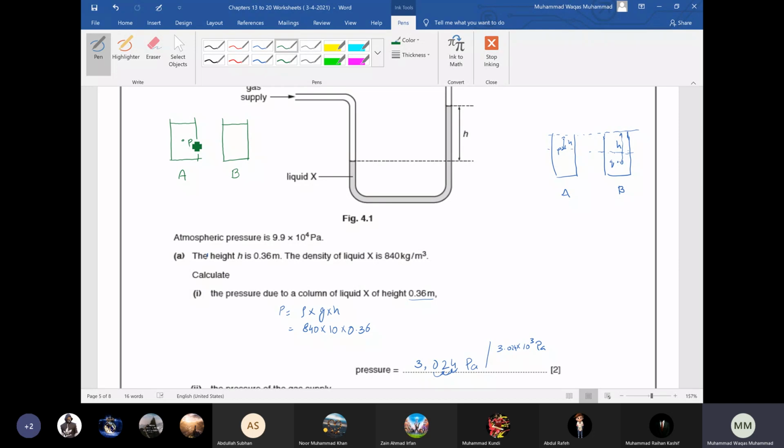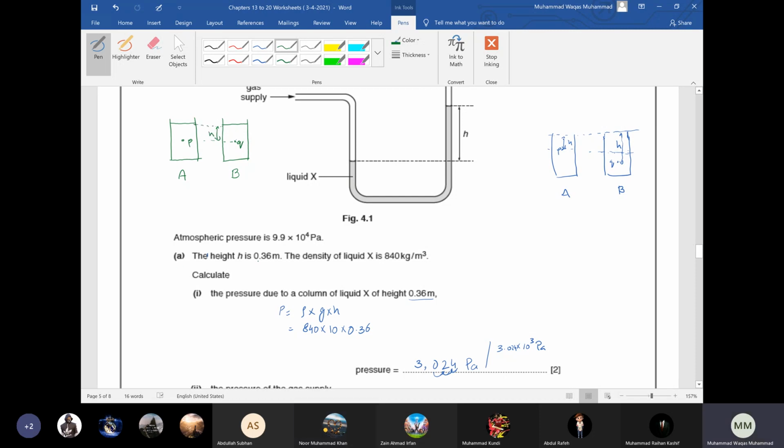Please respond, at least so I know whether you are getting it or not. Now beta, in liquid B we have another point Q. These two points P and Q are at the same depth under the liquid. The height or depth of the liquid is the same, right, beta?